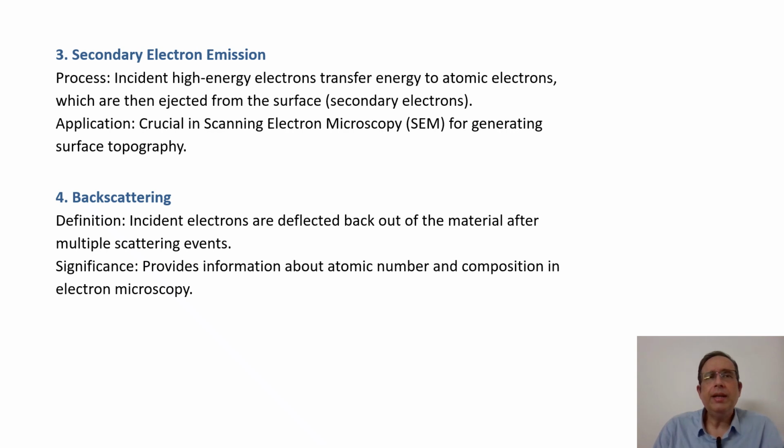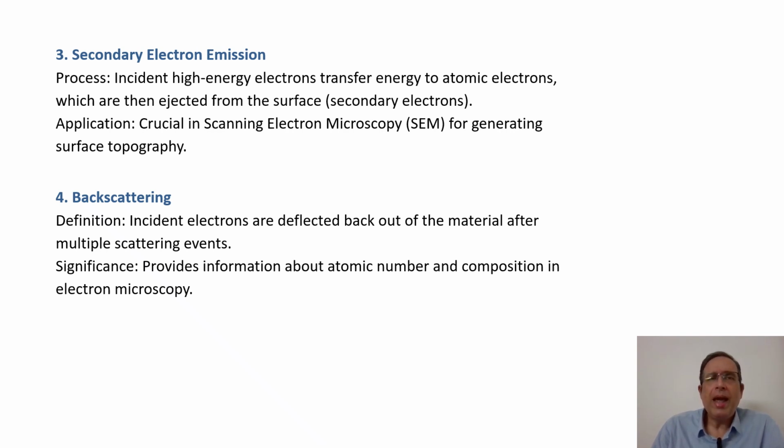Then an important aspect of the scattering process is the production of secondary electrons. That is, when the incident high energy electron transfers energy to the atomic electrons, which are ejected out from the surface. Those electrons also produce secondary electrons, striking other electrons in a kind of chain reaction, and some of them are ejected from the surface of the material.